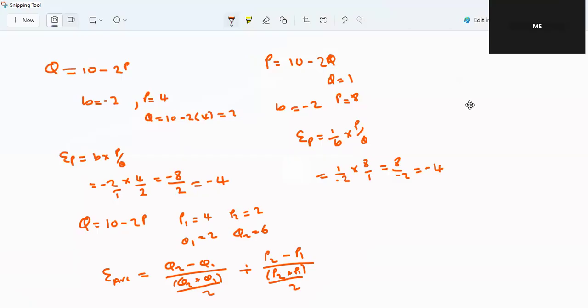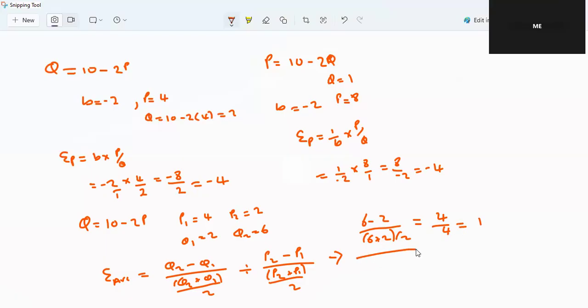All right. So what was our Q2 minus Q1? This is 6 minus 2 over 6 plus 2 divided by 2. The numerator is 4, and the denominator is 8 divided by 2, which is 4, so this is 1 on top.